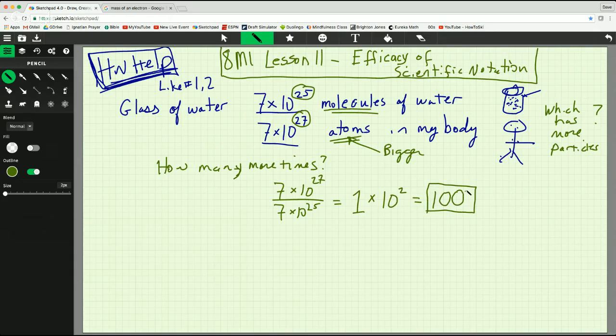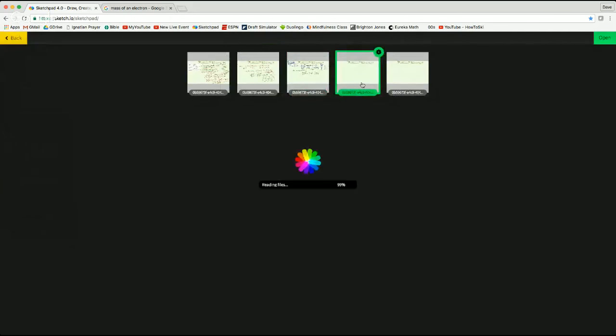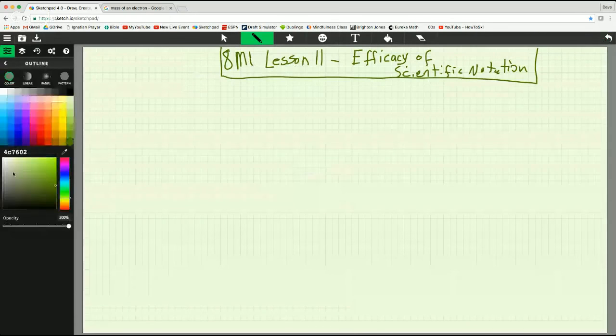So there's 100 times more atoms in my body than there are molecules in this glass of water that we concocted. So if we had 100 of these glasses of water, we'd have the same number of atoms that I had in my body.